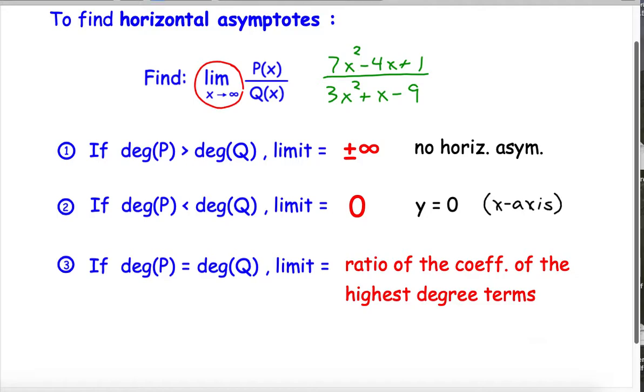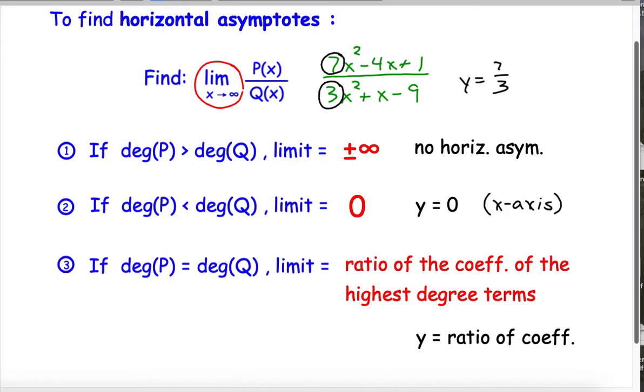And so what do I mean by that? We'll find, and by the way, they might not always be in descending order. So you have to look at the highest power of x, wherever it is. So in this case, we have 7. And in the denominator, the highest degree term has a coefficient of 3. And so the limit is going to equal 7 over 3. And so it turns out that that's the horizontal asymptote. So in this case, your horizontal asymptote would be y equals 7/3.